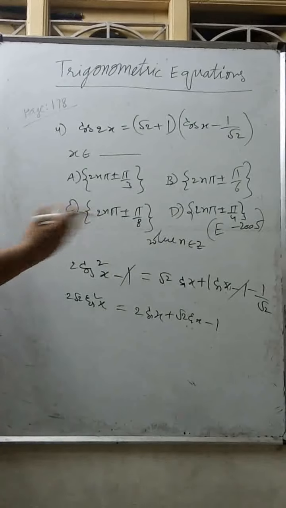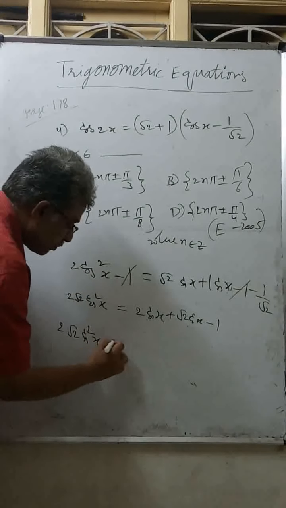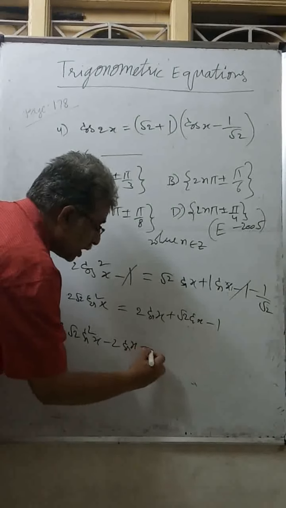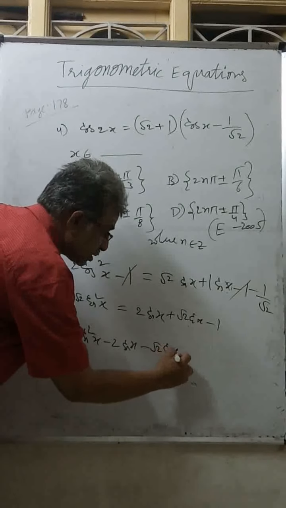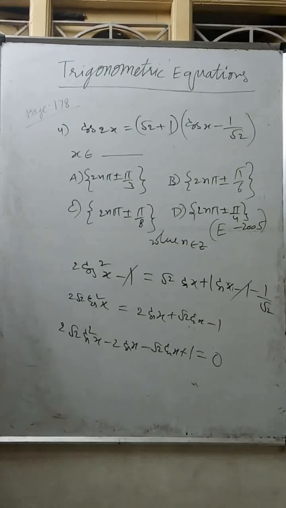So bringing all to one side, 2 root 2 cos square x minus 2 cos x minus root 2 cos x plus 1 equal to 0.